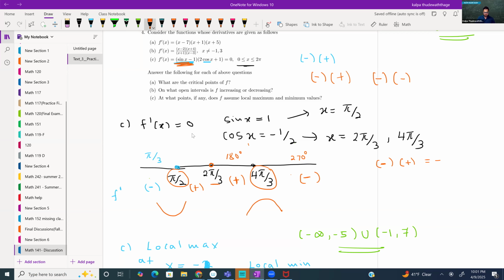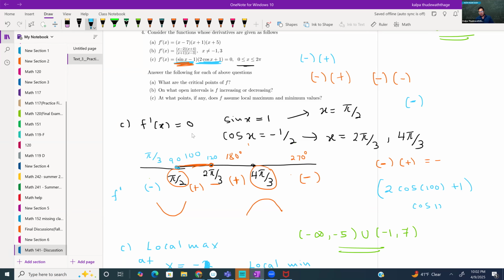From 90 to 120, I can't plug in a value easily, so it's a little tricky to understand what's going on in between. Let me remind you what's happening. The first factor is always negative. For the second factor, 2 cosine of an angle, I can choose like 100 degrees or 110 because I want something between 90 and 120, plus 1.